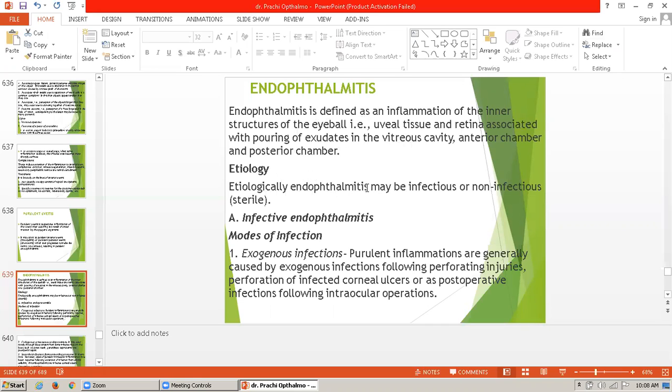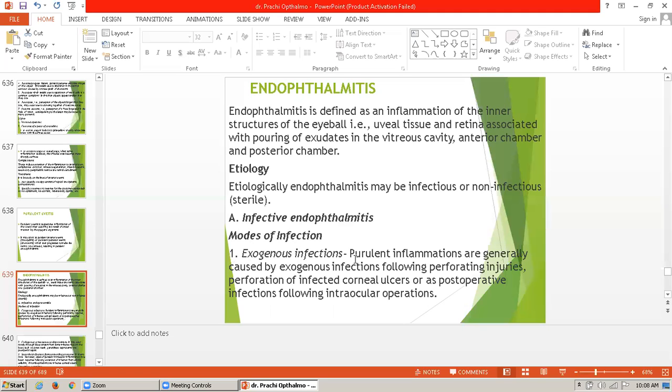Etiologically, endophthalmitis may be infectious or non-infectious. Firstly, infective endophthalmitis, and its modes of infection are as follows. One, exogenous infection.